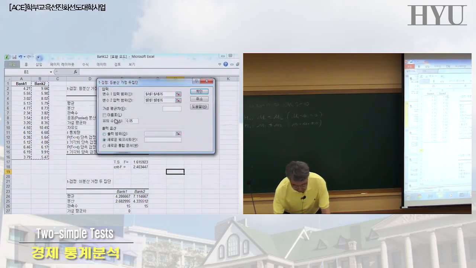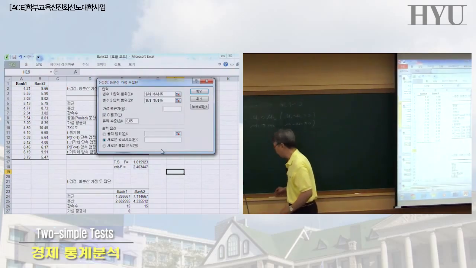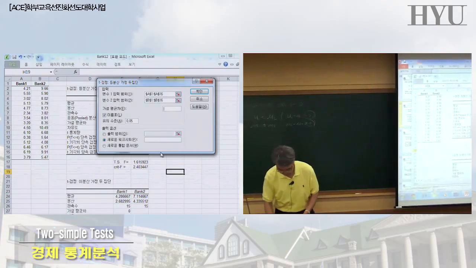Since we have included the label, make sure you check the label box here. And you can specify here what you think the assumed difference is. If your null hypothesis goes like this, then you would just say 0 here.